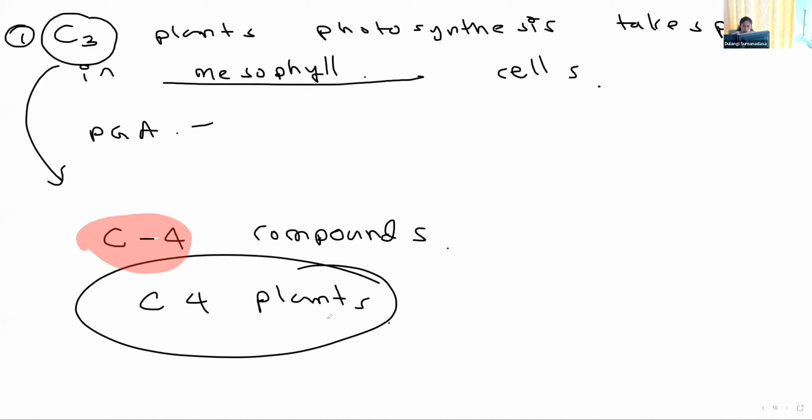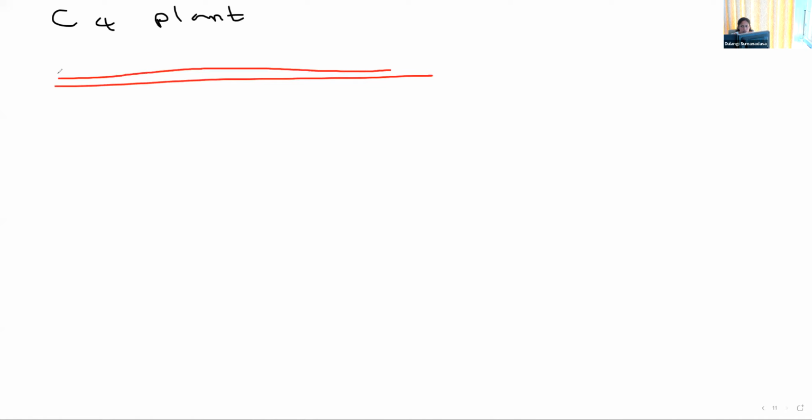So let's draw the C4 plant. There's no difference in the cuticle, upper epidermis and lower epidermis, they're the same. So can you draw the C4 plant again? The normal cuticle, right? You can leave the gap for the stomata, and draw the upper and lower epidermis quickly.